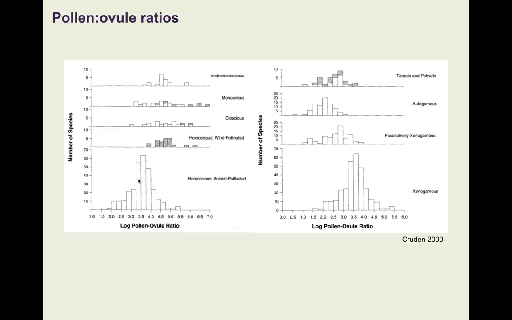The lower side of that is on these that have animals to deliver their pollen. So even across the board, if we're looking at lots of different species, even the ones that have animals delivering their pollen, it's not a fantastic success of having just the right number of pollen grains transferred over to the stigma. There's still a lot wasted.